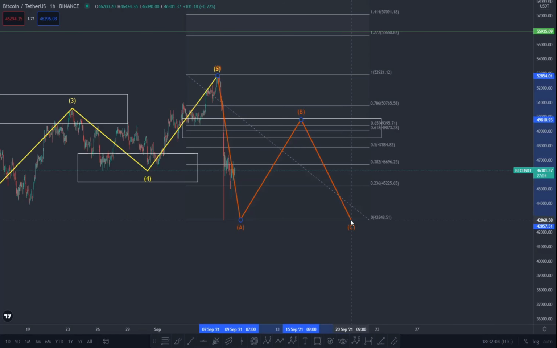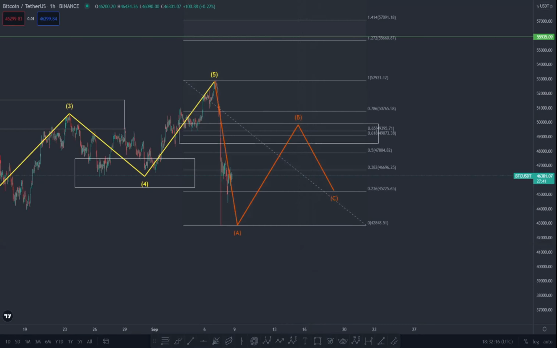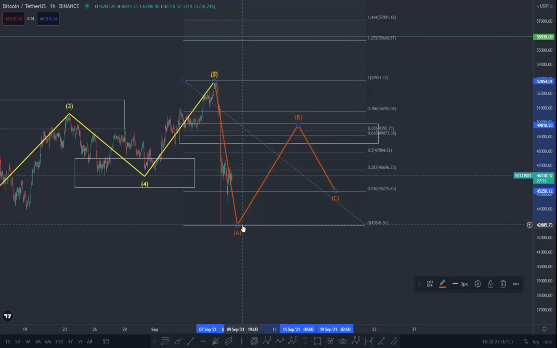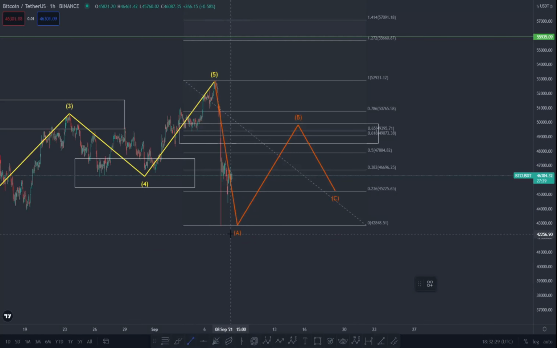We have this flat ABC, which is this. We have the zigzag ABC, which is this. And we have even this one, which ends higher than wave A. And this would be telling us that the trend has changed or is about to change because it's a higher low. Yeah, it's a higher low.